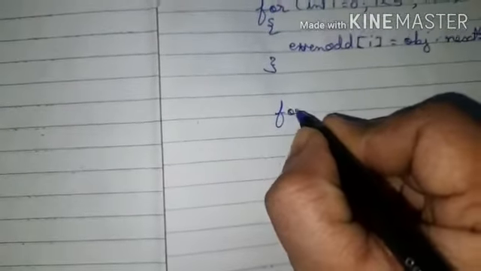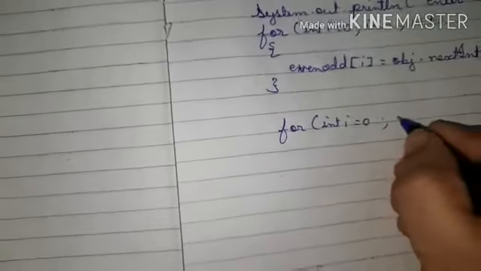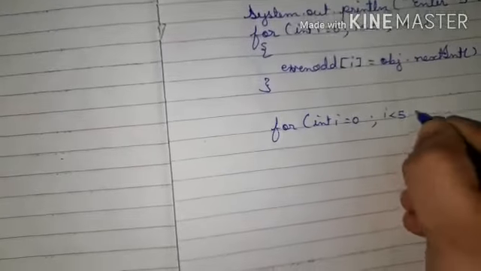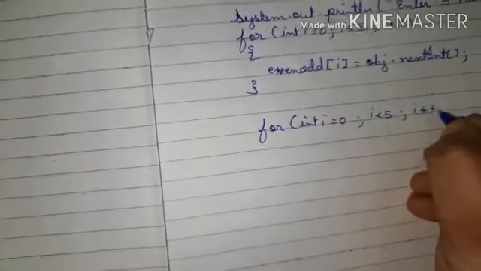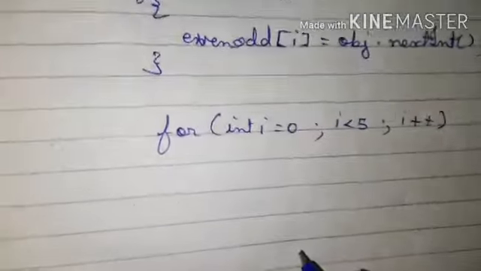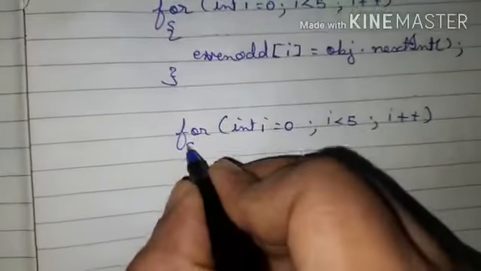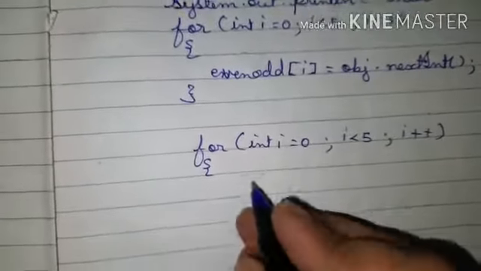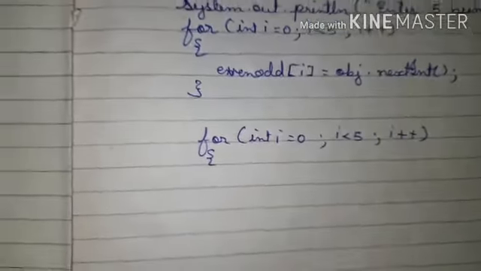Again we have to go with the for loop: for int i equal to 0, i less than 5, i plus plus. Inside it, we'll check whether the value is even or odd.